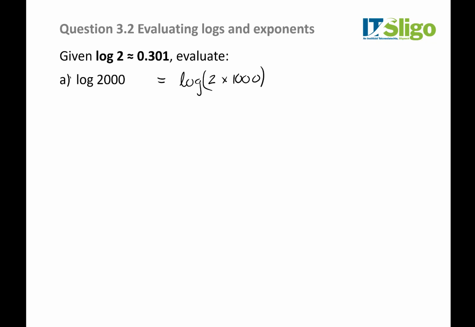And now we can use our log laws. So that's equal to the log of 2 plus the log of 1,000. Again, I'll write 1,000 as 10 to the power of 3. The log of 2 is 0.301. Now remember, that's log to the base 10, they cancel out. So the log of 1,000 is actually just 3.